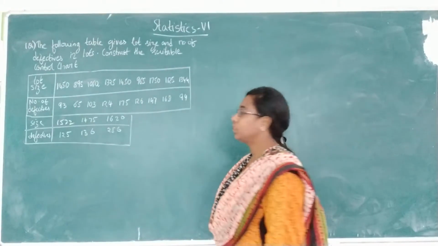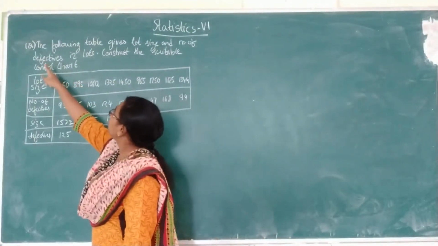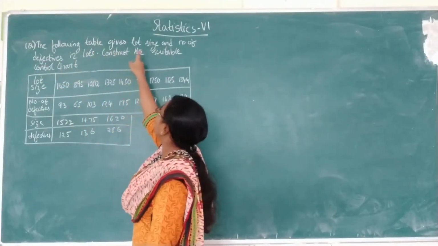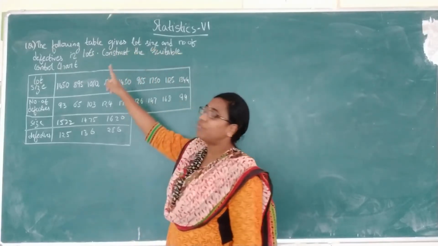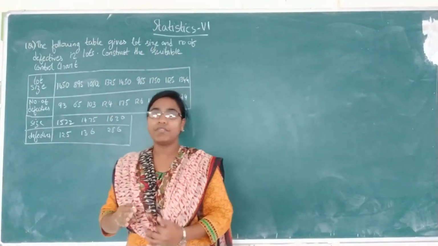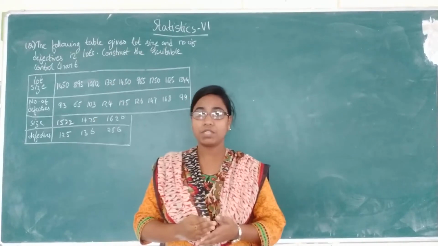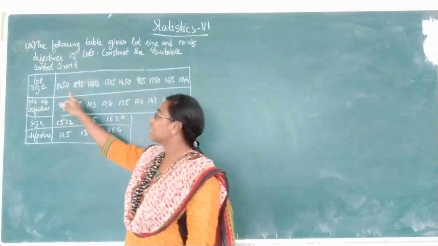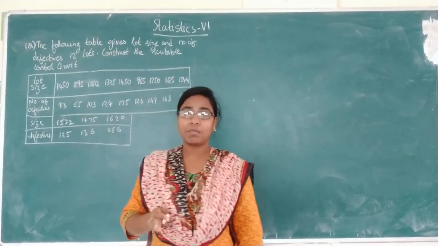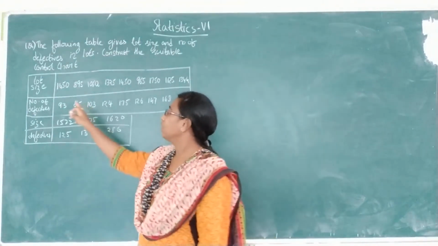So coming to the question: the following table gives the lot size and the number of defectives. Every lot consists of some defectives, and the lot size is given. Here lot means nothing but the sample size.